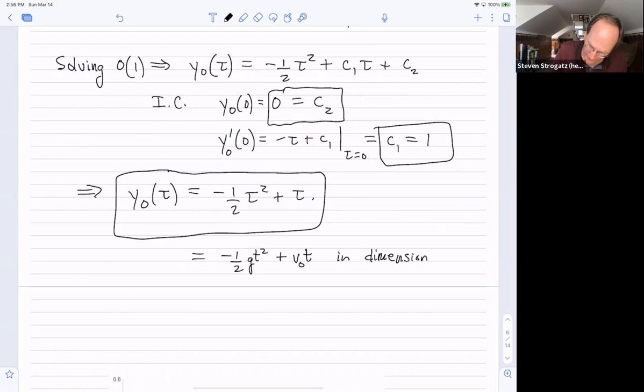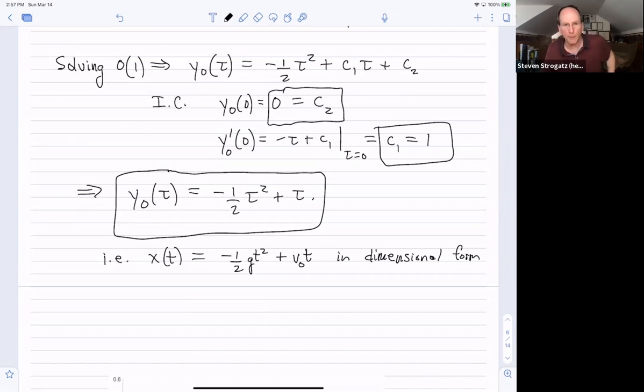If we were back in the dimensional form, this would be telling us what x is as a function of t. So you can see that has a lot more constants in it than what I've written. But anyway, so there's y0 of tau. This is the classic solution. But now we're well set up to get the correction to that through our perturbation method.